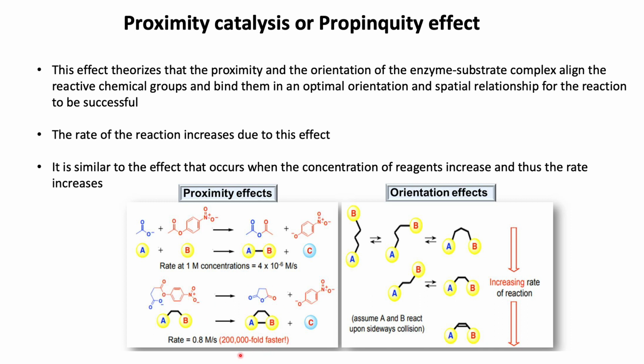So this reaction is like 200,000 fold faster than it would be when they are not closer to each other. And here, for orientation effects, as compared to this orientation, if the enzyme and the substrate are in this specific orientation, the product is just formed faster. So this explains the proximity or propinquity effect for enzyme catalysis.